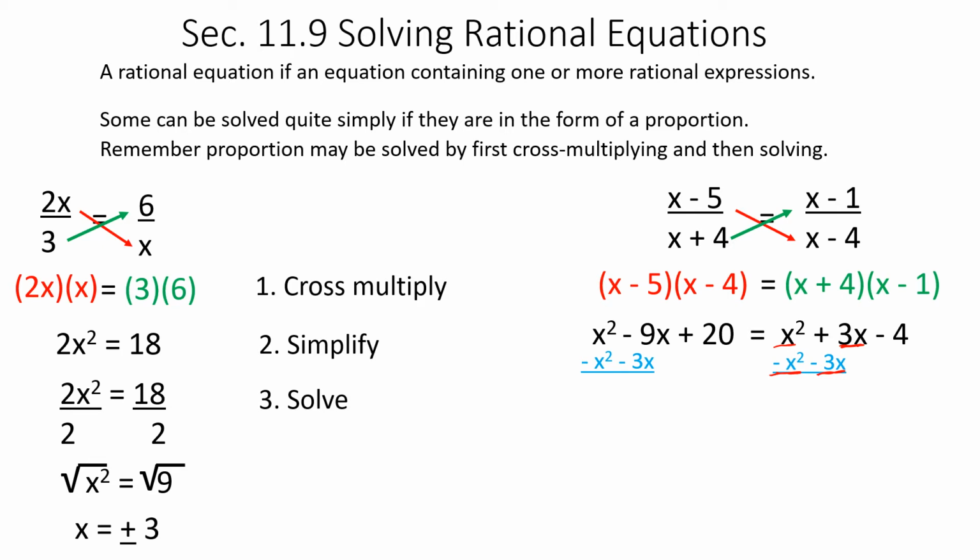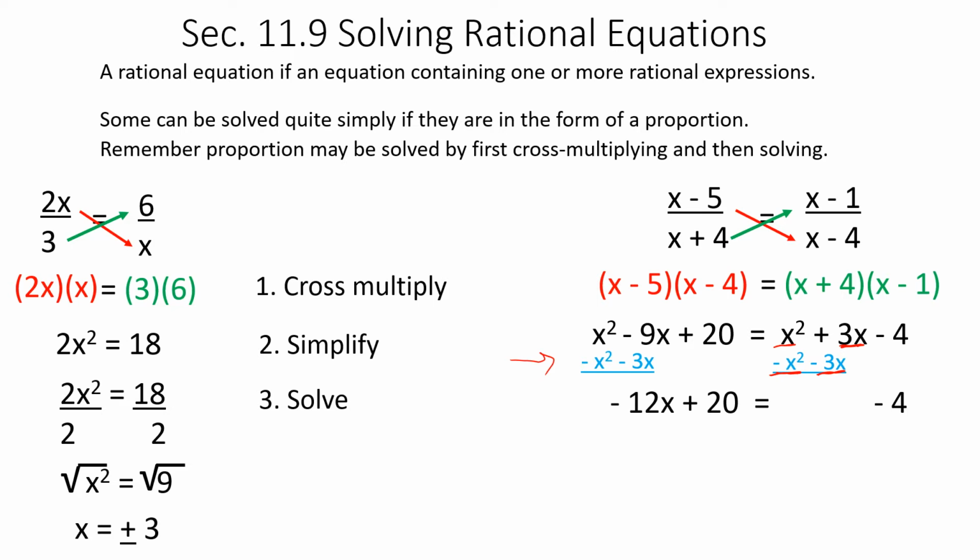But I have to do the same thing, remember, to both sides of the equation. So when I do that, I end up with just a negative 4 on the right side of the equal sign. And then x squared minus x squared is 0, and a negative 9 minus 3x is a negative 12x plus 20. So we've got the variable now on one side.